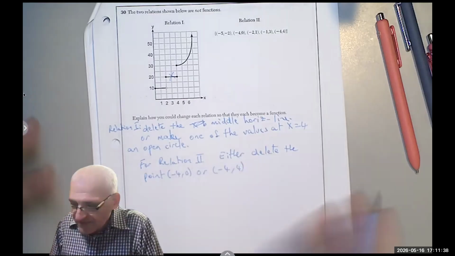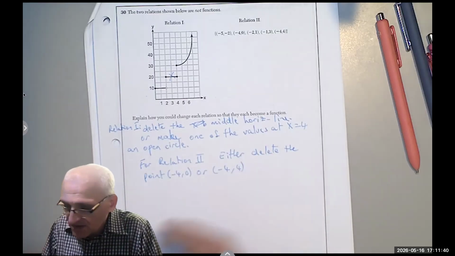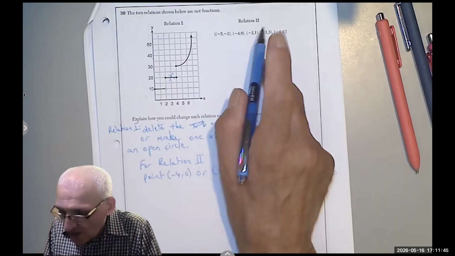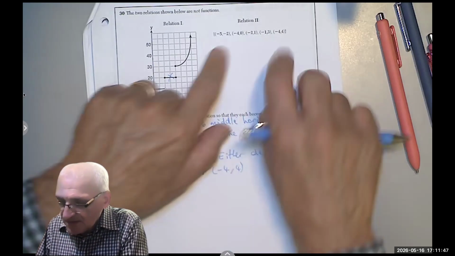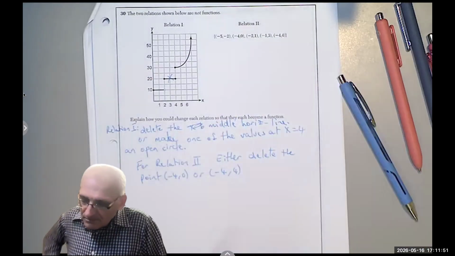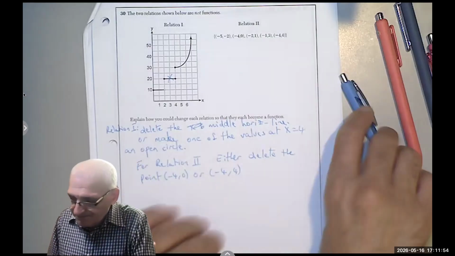You can delete one of them and it will become a function now, because for every single value of x there is only one value of y. Now there are two, so it cannot be a function, right? Okay.